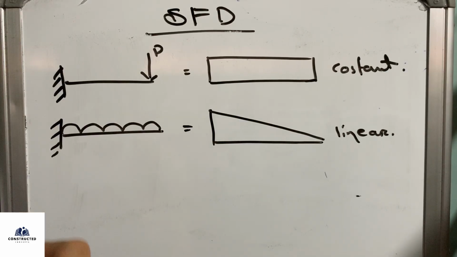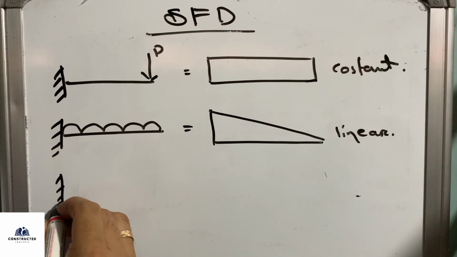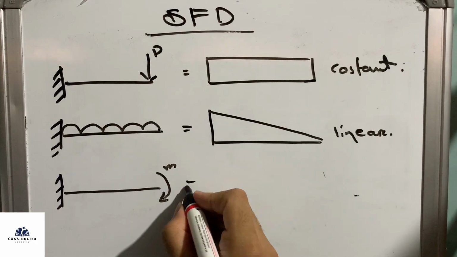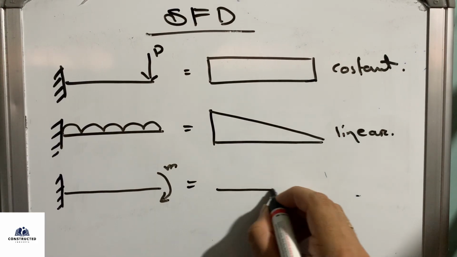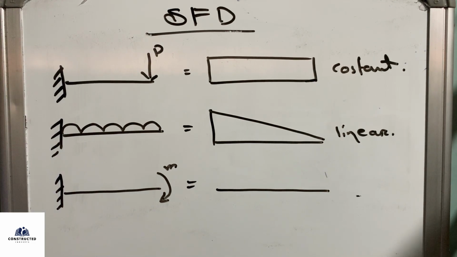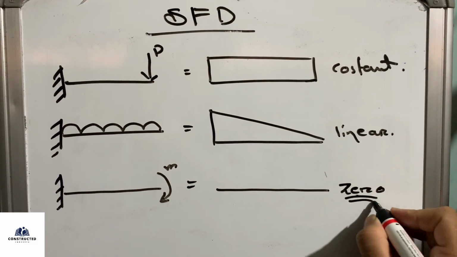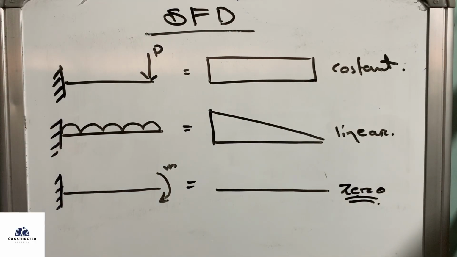So these are the drawings that you should remember. First you should mug up. And in the case of moment with cantilever beam, there is no shear force diagram. There is zero, the line is zero.